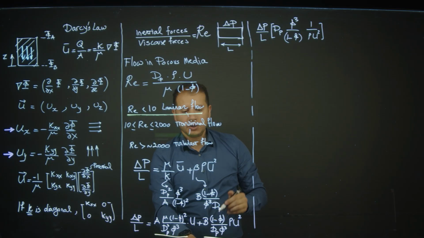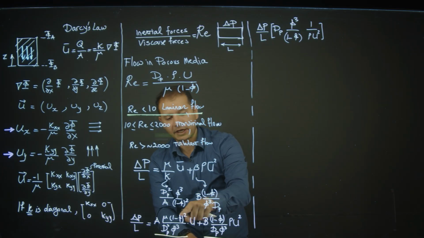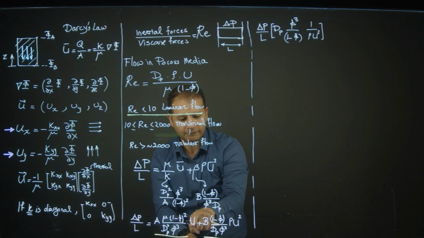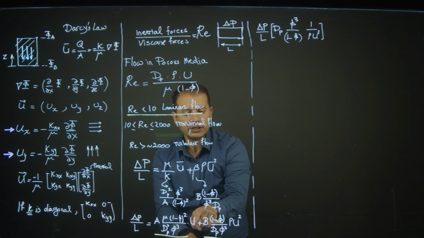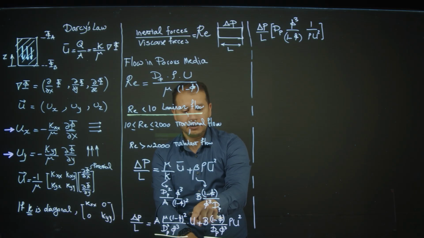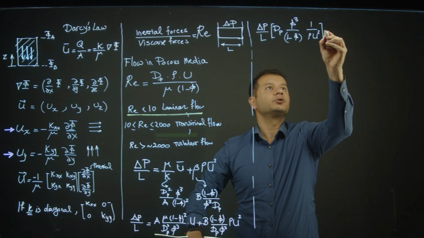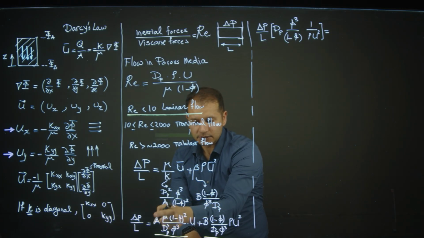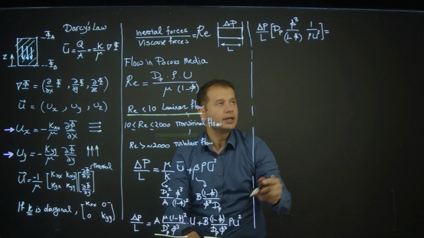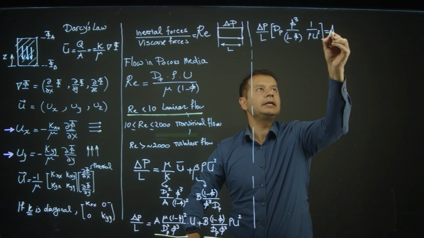Now, if I bring rho U squared in the denominator, this does not have rho, and its U is linear, so it's not really U squared. So it will be having a division by the velocity in the system. So if I write now what happens to the Darcy part of the equation, it becomes A, right?